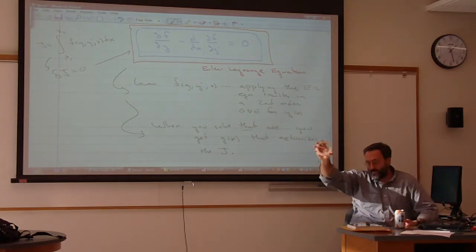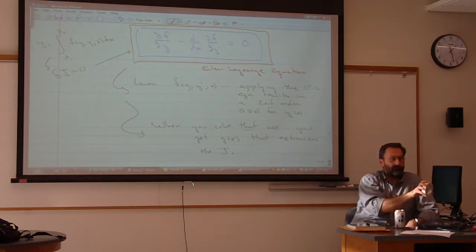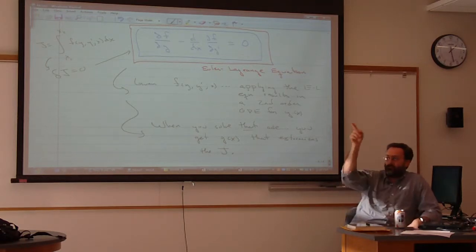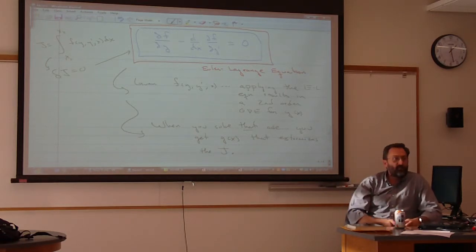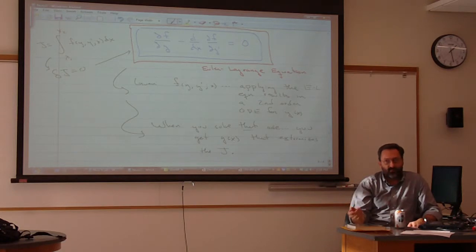It could choose to go down and then come back up over here. But nature picks one path. Nature picks one y of x. The one that it picks extremizes a particular J integral that we will write down.